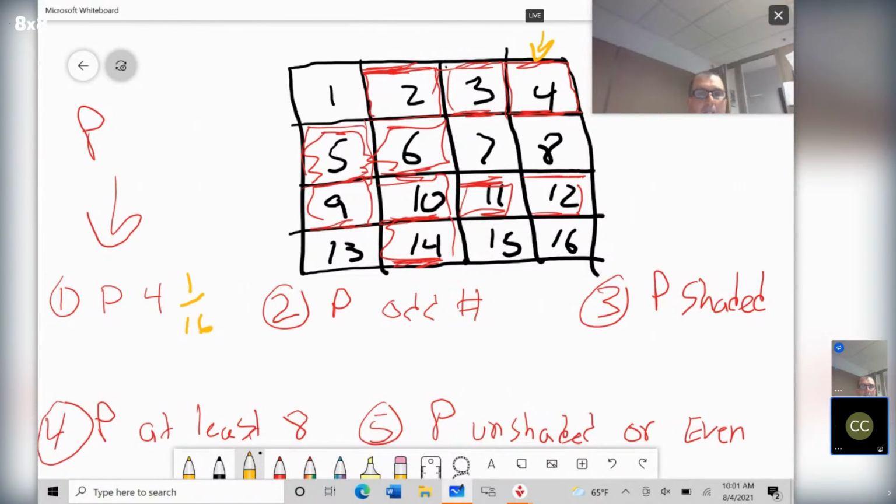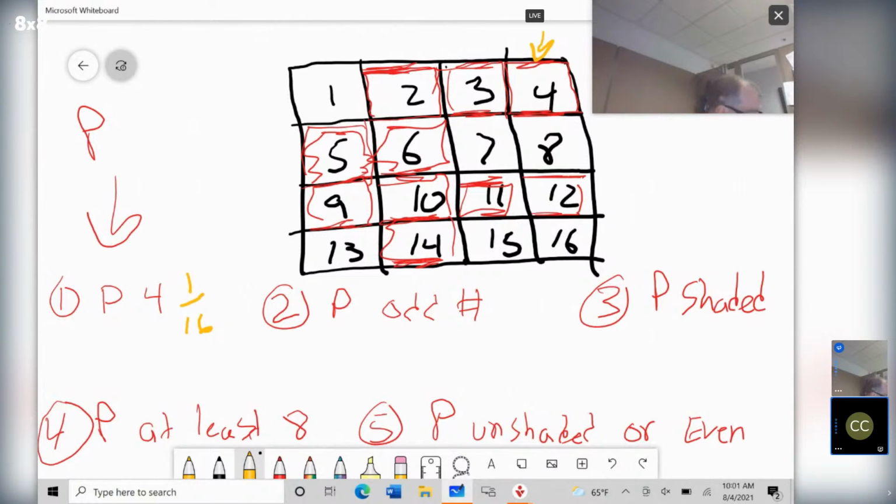Okay? And sometimes it's going to ask you what the percentage is, or to write it in decimal form. All you're going to do is use what we did to convert a fraction to a percent or a fraction to a decimal. If it just asks what the probability is, you're good doing 1 out of 16.